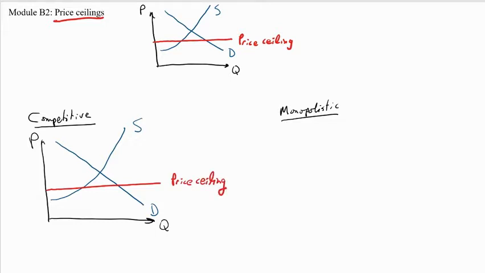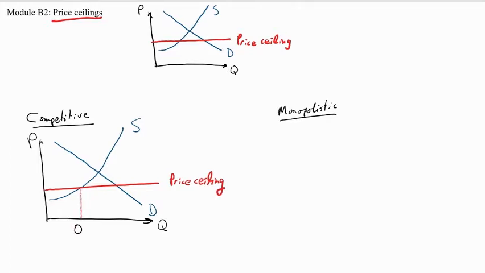In this case now, we know that the quantity that suppliers want to offer for sale in this marketplace is determined by the maximum price at which they can sell the good. So it will be the intersection of the supply curve and the price ceiling. So that will be quantity supplied.